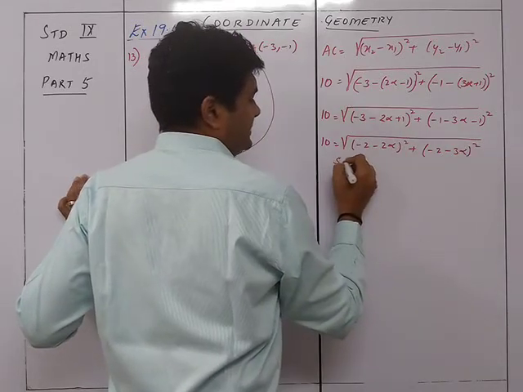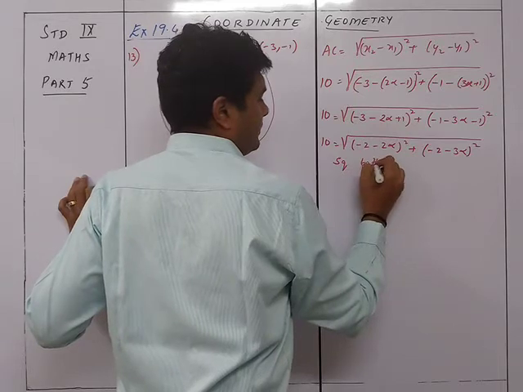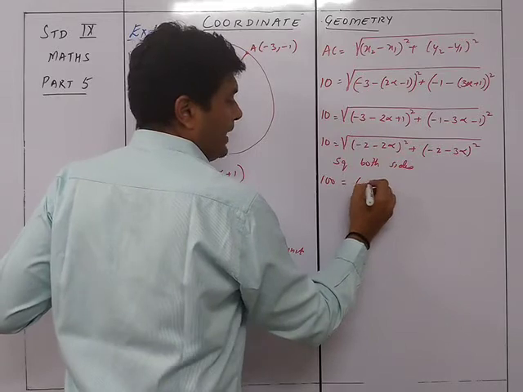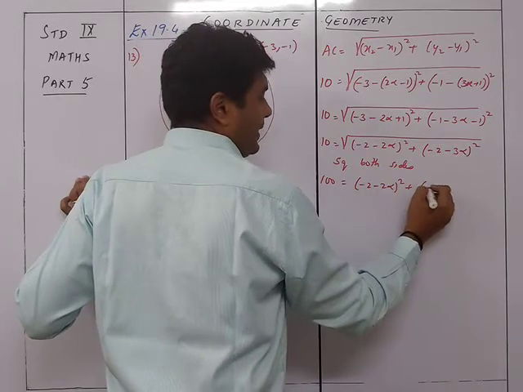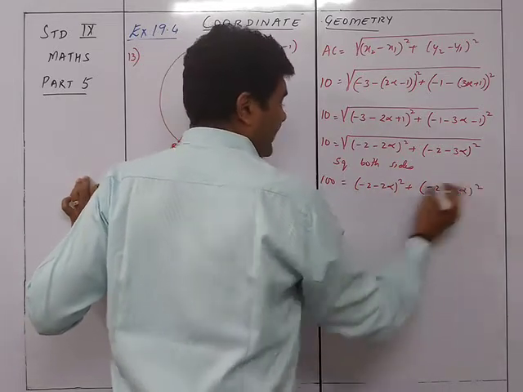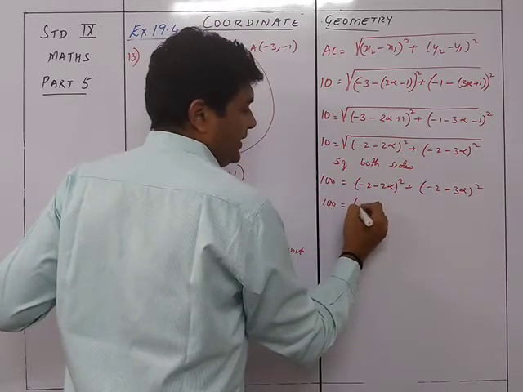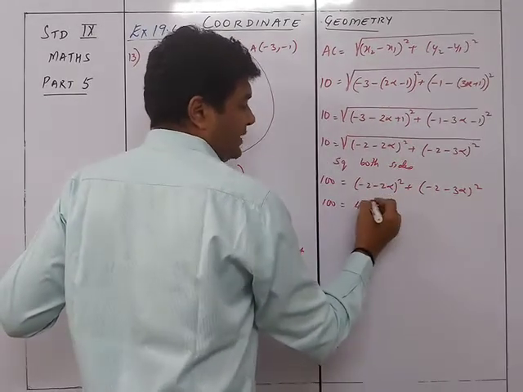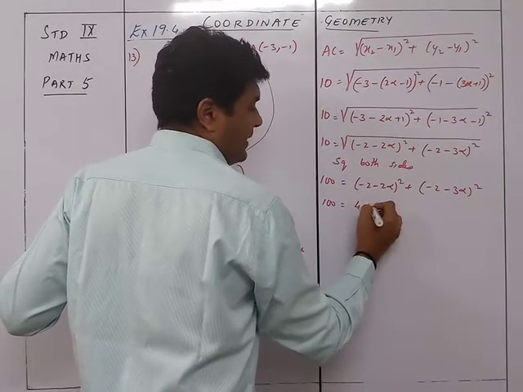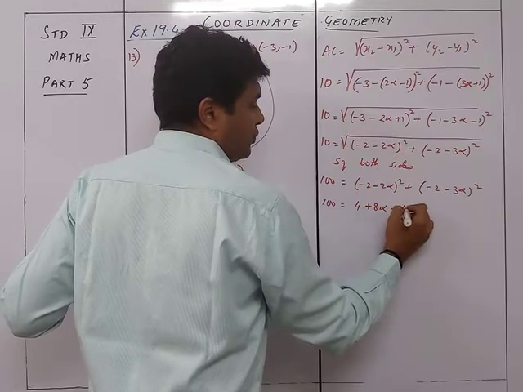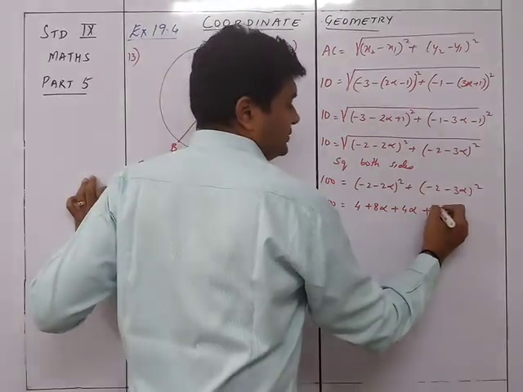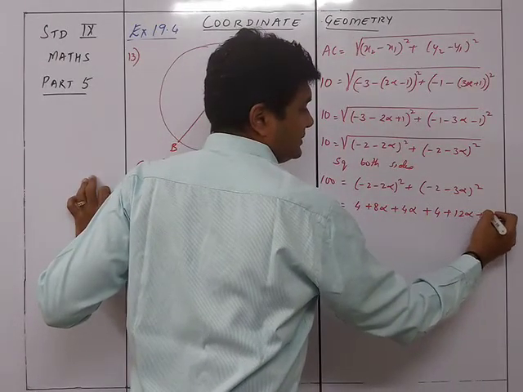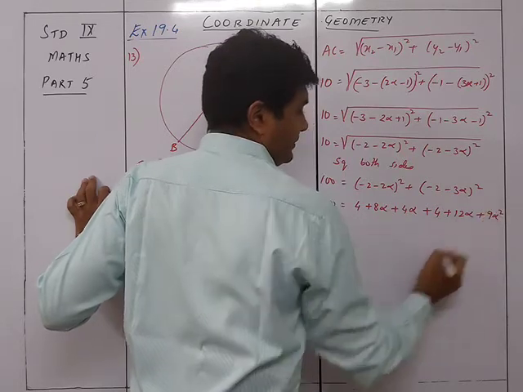So squaring both sides, we have got 100 is equal to (minus 2 alpha) the whole square plus (minus 2 minus 3 alpha) the whole square. So 100 is equal to 4 alpha square plus, using a square plus 2ab plus b square, 4, 2 times 2 times 3 alpha is 12 alpha, plus 9 alpha square.